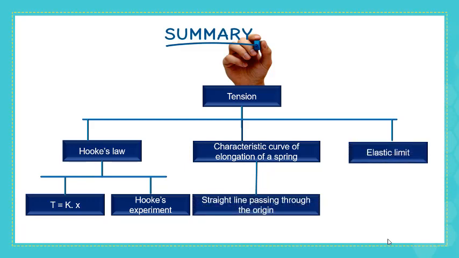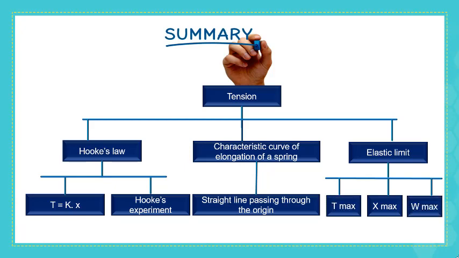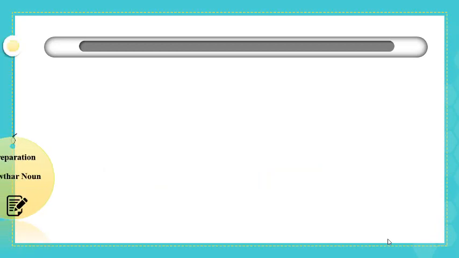And finally, we spoke about the elastic limit, that is the maximum elongation that a spring can withstand without losing its elasticity, that is X max or delta L max. To solve elastic limit applications, we have to find the relations that relate the maximum weight, the maximum tension, the maximum mass, starting from the given until you reach the aim of this question.